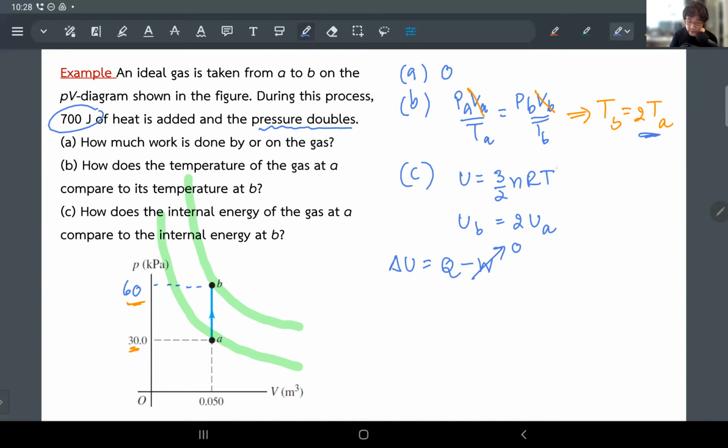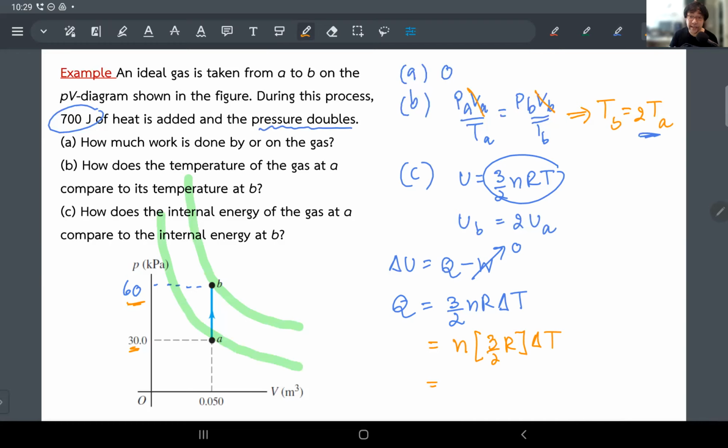But everyone knows that U of an ideal monatomic gas is 3/2 nRT. So the change is 3/2 nR delta T. We can rewrite this to look like mc delta T, but it's not the mass m that we are interested in anymore.